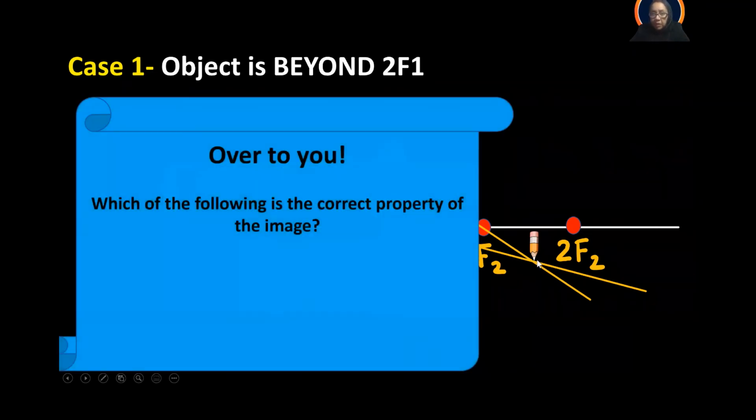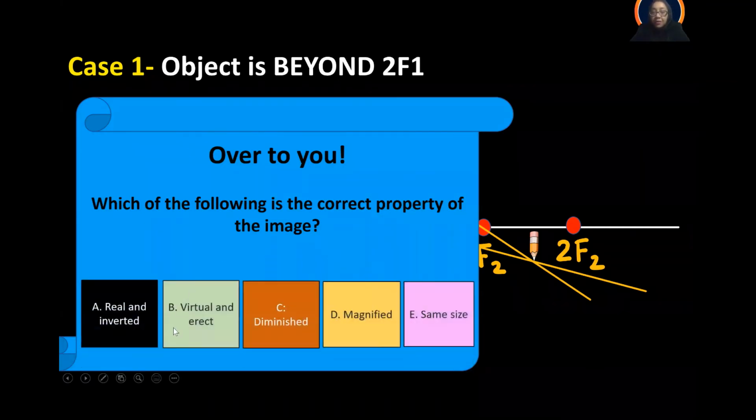So now students, guess and think logically. Can you write me in the chat what is the correct property of the image? Your options are real and inverted (inverted means upside down), virtual and erect, diminished, magnified, same size.